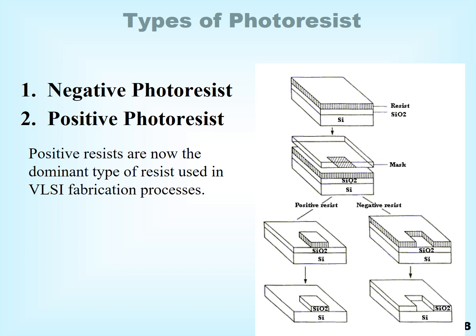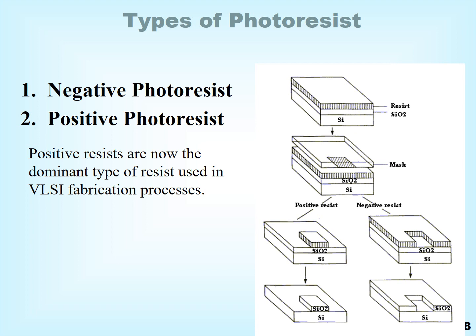Now the photoresist can be of two types. One is the negative photoresist and the other is the positive photoresist. You should always remember that positive photoresists are more widely used in VLSI fabrication. The difference between the two can be seen in this process, where we start with a layer of silicon over which silicon dioxide has been grown in the entire wafer region, over which the photoresist has been applied to the entire surface.